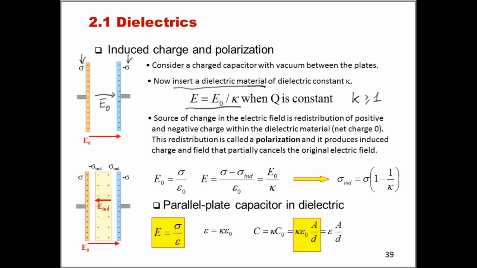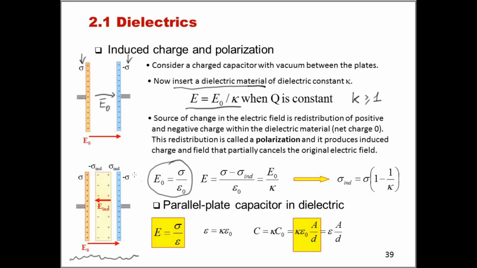So we can understand all this by looking at this diagram here. Initially, we said the electric field in vacuum, E0, is sigma over epsilon 0.